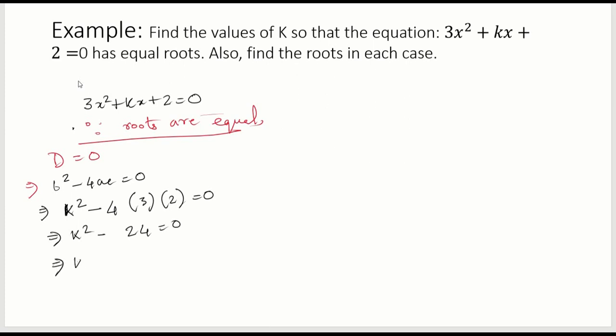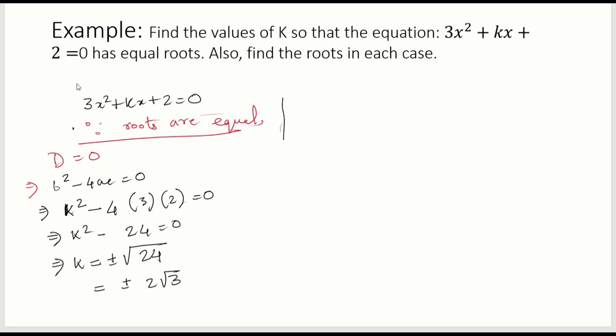We get k equals plus minus root over 24. So this is what we get, and this means plus minus 2 root 6, so k equals plus minus 2 root over 6.